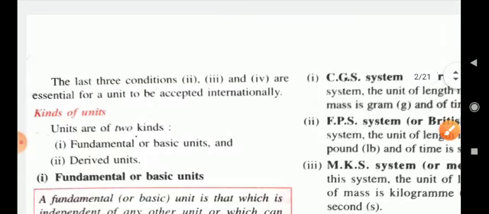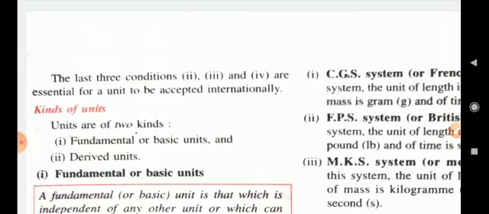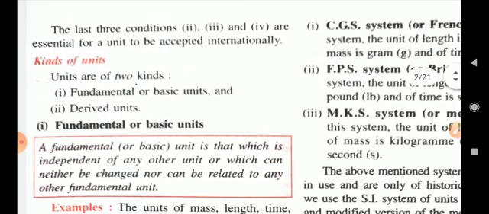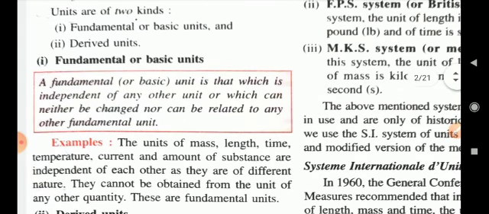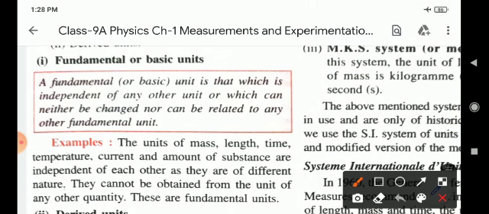Now I will explain kinds of units. Units are of two kinds: number one point, fundamental or basic units, and derived units. A fundamental or basic unit is one which is independent of any other unit, and which can neither be changed nor be related to any other fundamental unit.